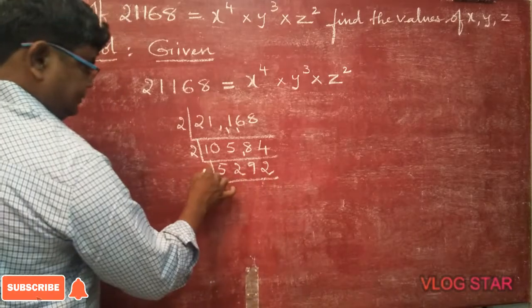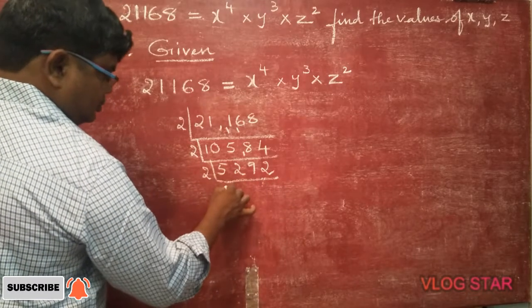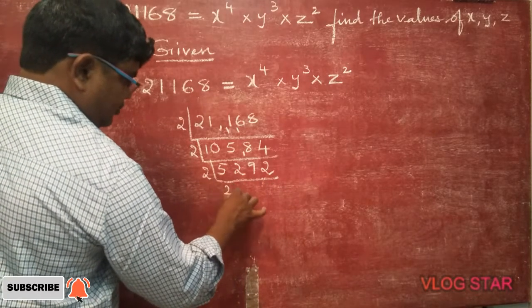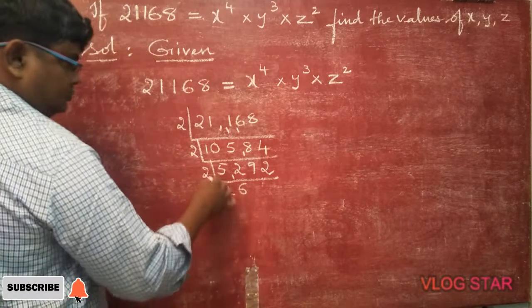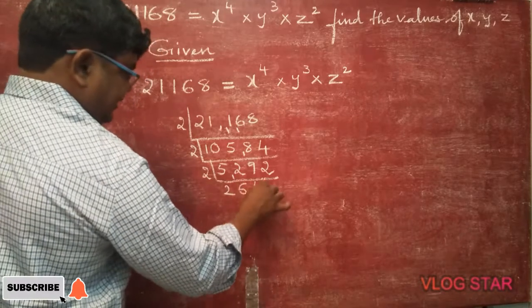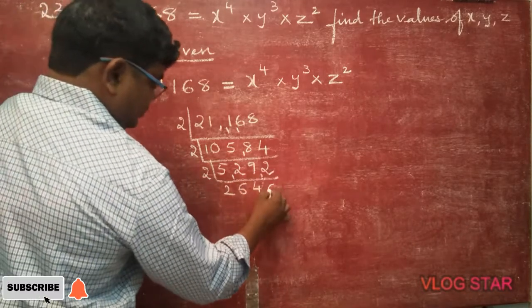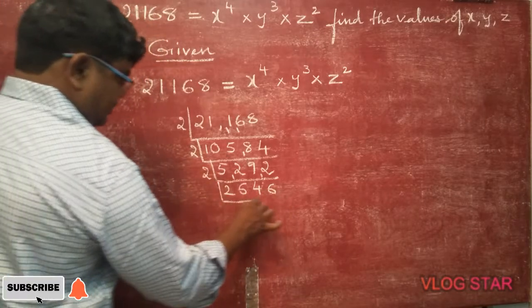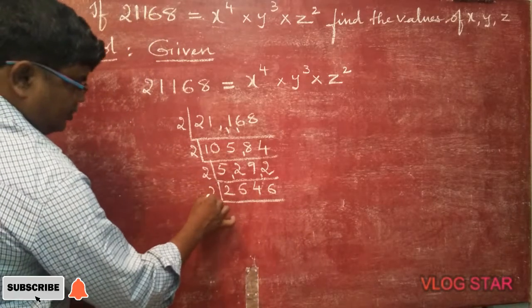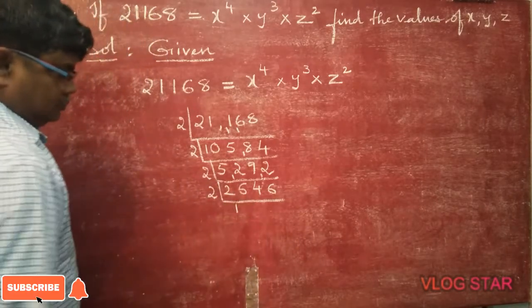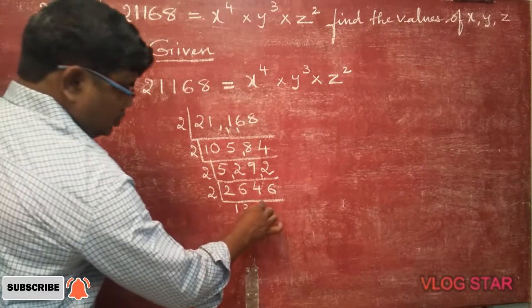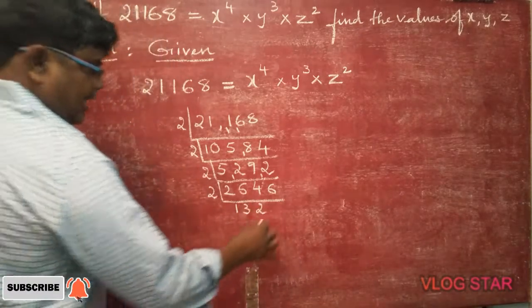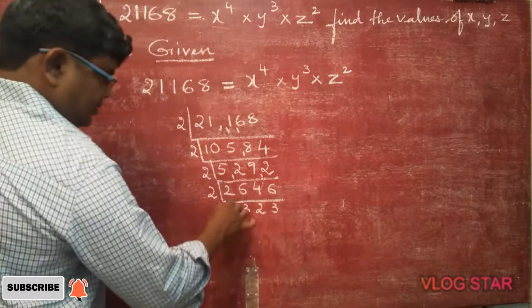Again 2 table goes. 2 2s are 4. 1 remaining. 2 6s are 12. 2 4s are 8. 1 remaining. 2 6s are 12. Again 2 table. 2 1s are 2. 2 3s are 6. 2 2s are 4. Again 2 3s are.